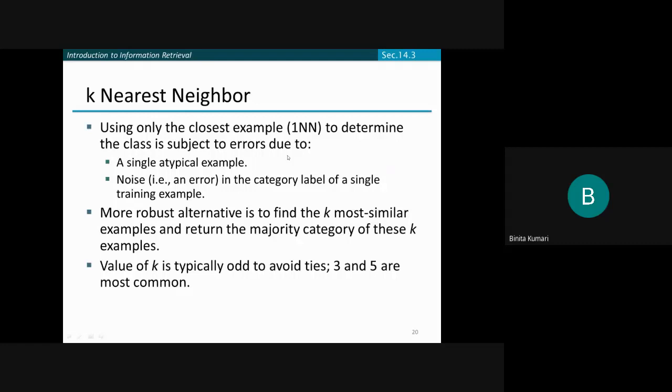So as compared to 1NN, a more robust alternative is to find the k most similar examples and return the majority category of these k examples. Now the value of k is typically odd, and we need to avoid ties.